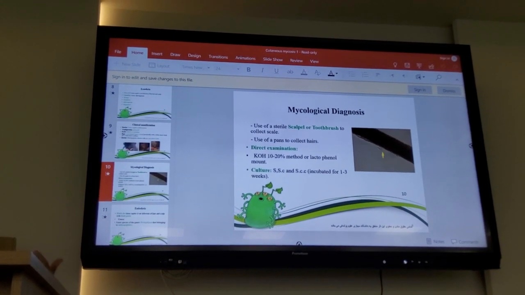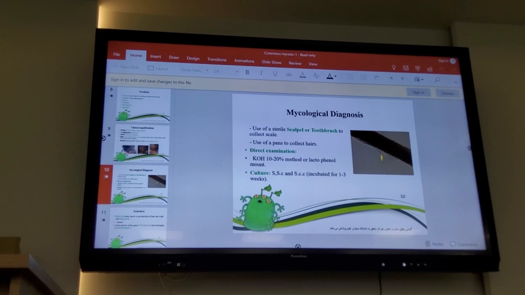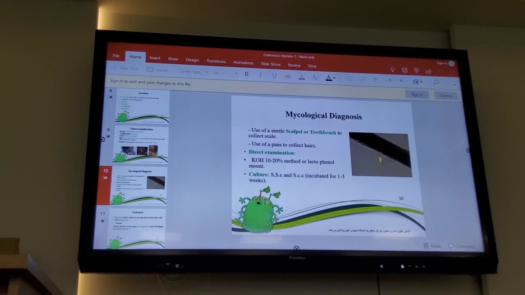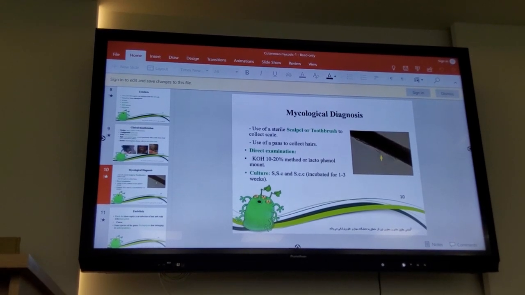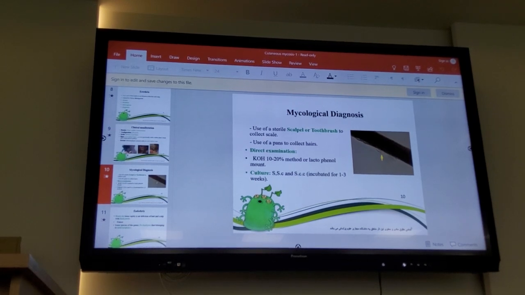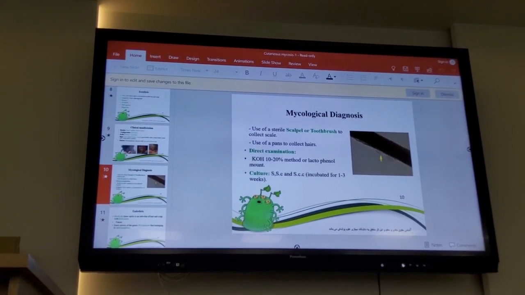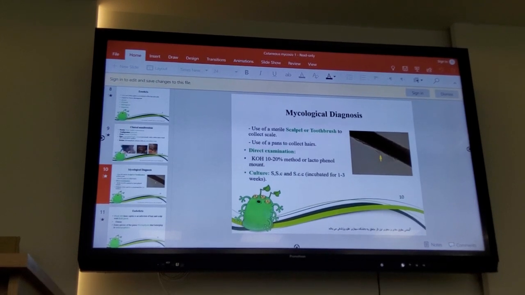And you need, to find the source of infection, the culture report from the laboratory. Which type, which species of dermatophyte you find in media in the laboratory. It completes the answer of the diagnosis.